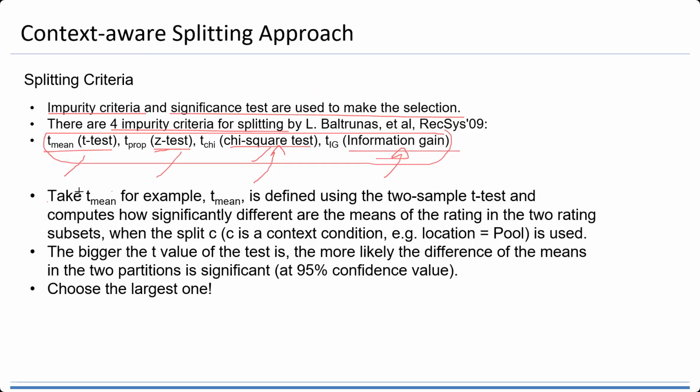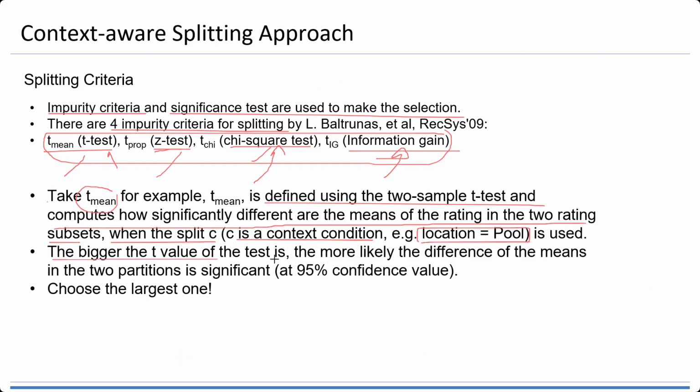Take the t-min. The t-min is defined using the two-sample t-test and computes how significantly different the means of the ratings are in the two rating subsets when the split is C. C is the context condition, for example, if it is a pool.